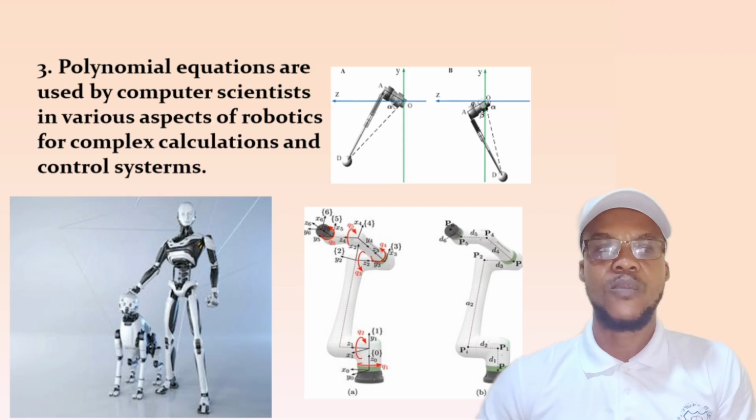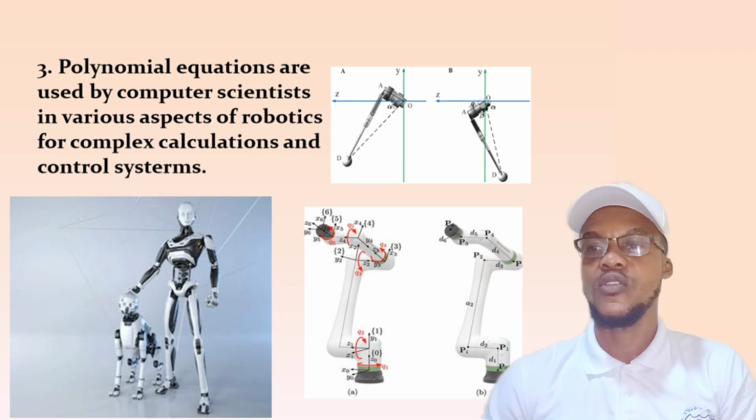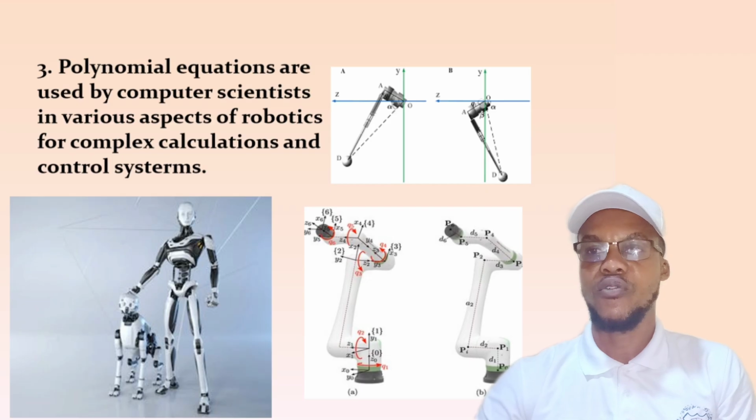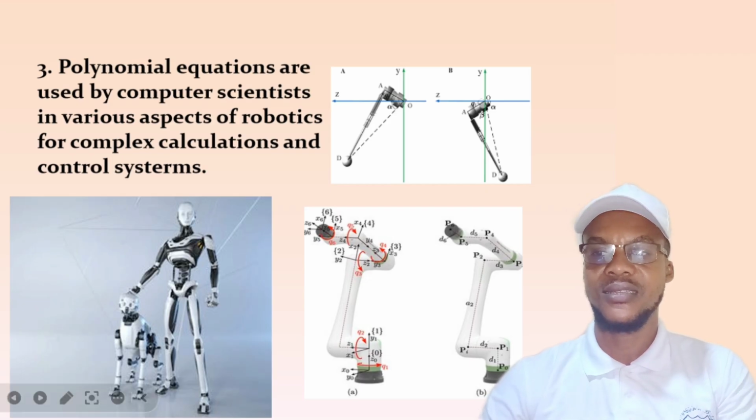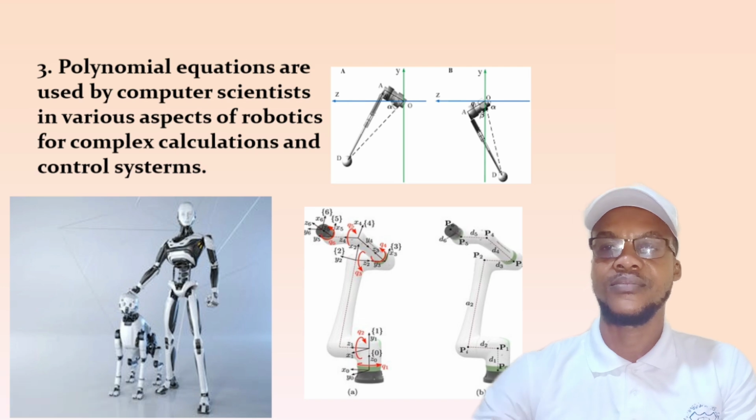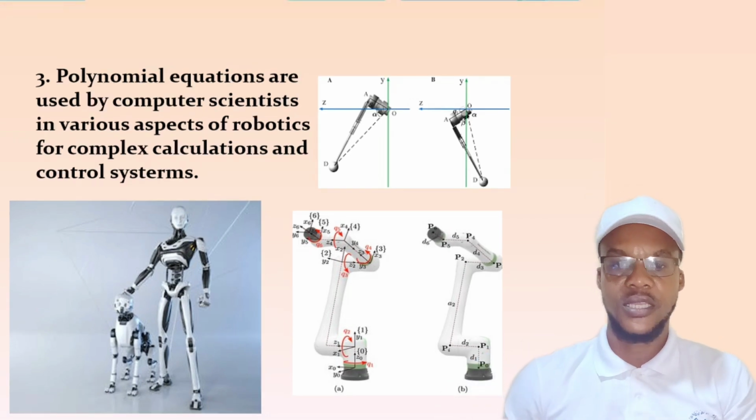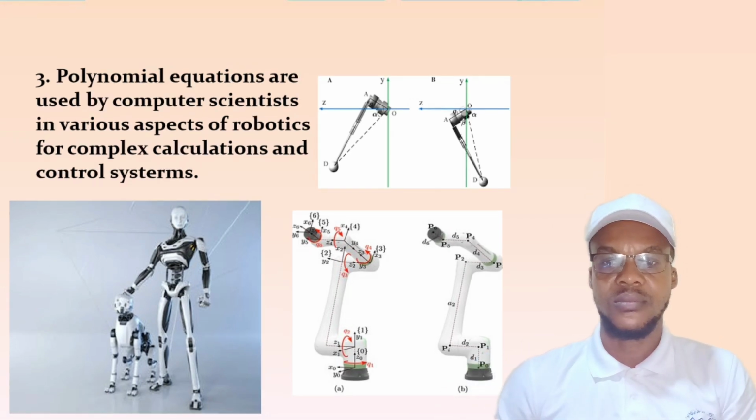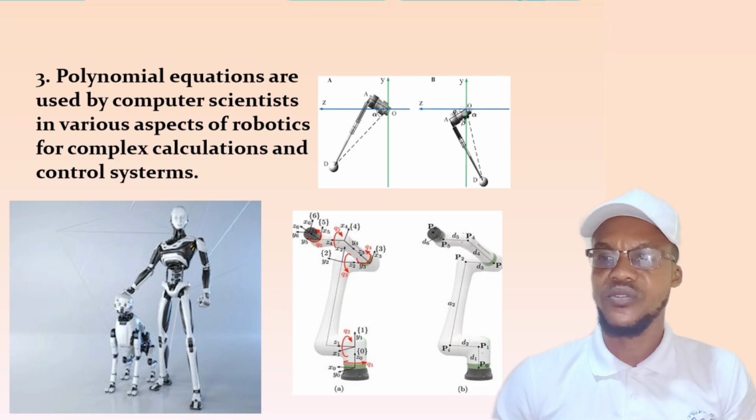When it comes to robotics, polynomial equations are very important. So anytime those computer scientists are to build robots, they apply the concept of polynomial functions. So it's also applicable there.